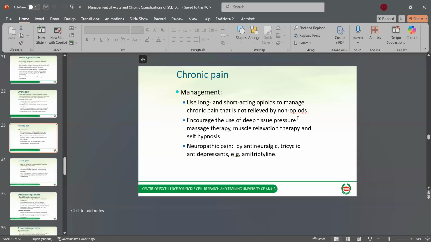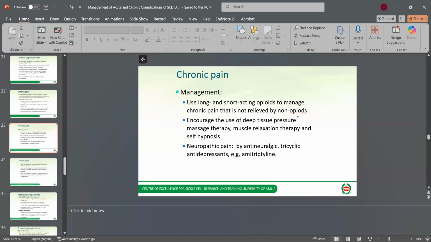For management, use long and short-acting opiates to manage chronic pain that is not relieved by non-steroidal, non-opiate drugs. Encourage the use of deep tissue pressure, massage therapy, muscle relaxation therapy, and self-hypnosis.